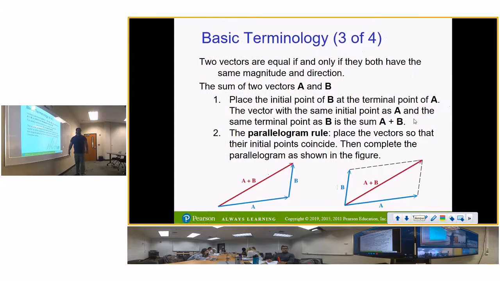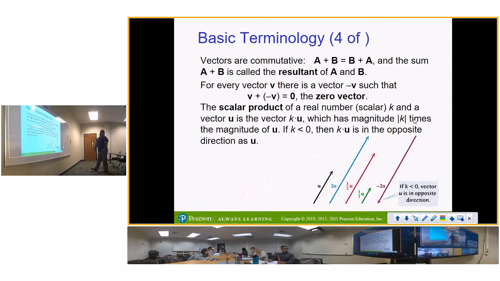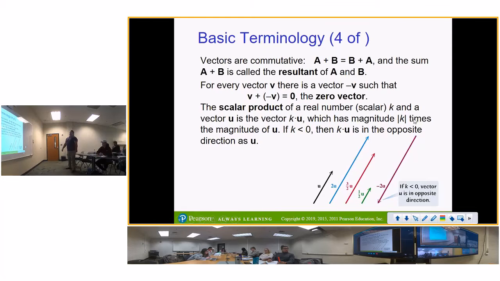I'll show you. Sometimes I ramble in physics or vectors. Okay. Vectors are commutative. A plus B is equal to B plus A. Now this is very important because when we get into the resultant vector, some of these little properties are going to pay off. Okay? A plus B is the same as B plus A, and a negative vector basically is subtraction.